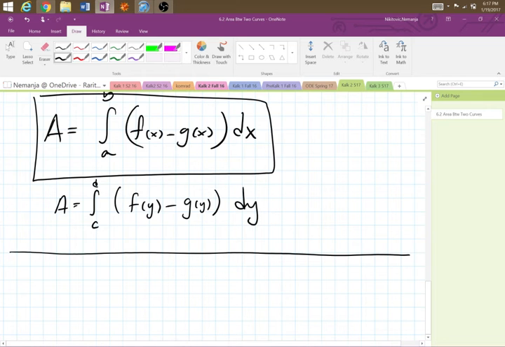So when you look at this, you can find the area between two curves. You say red minus black. But your variable must be y.